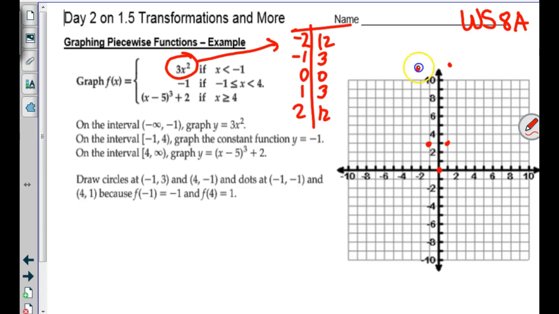Don't draw this on your paper too firmly because we're going to end up erasing most of it. But that's the original parabola, right? But we only get to keep what? Yes. So we're going to end up erasing all of this up to -1 and the left. What else do I need to fix?